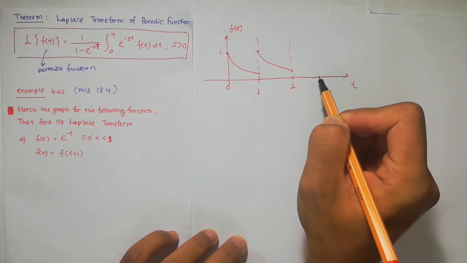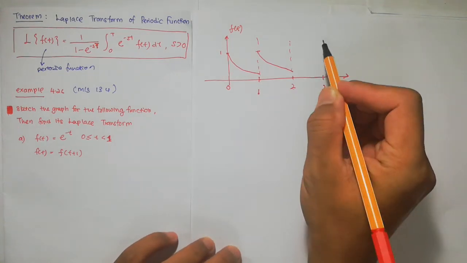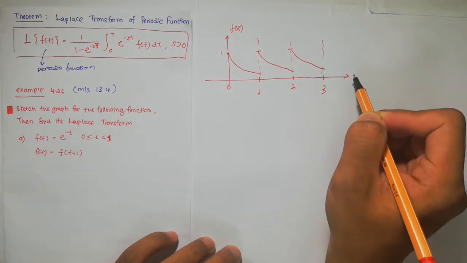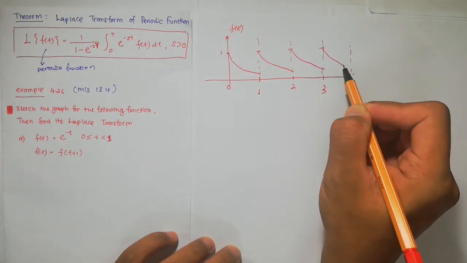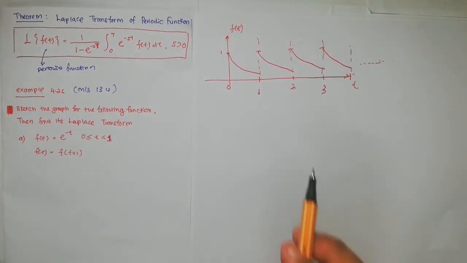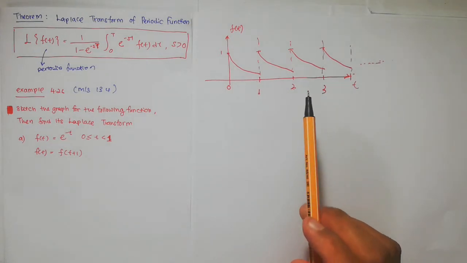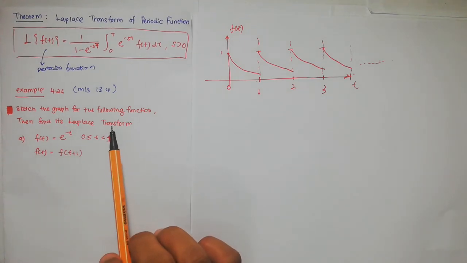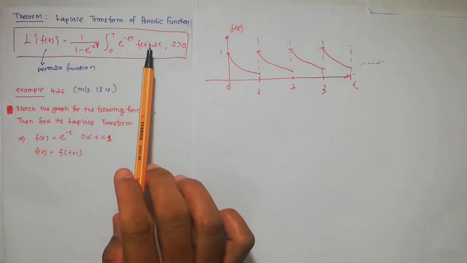The same goes for the next cycle, from 2 to 3, and for t equal to 4, it repeats the same pattern and goes on until infinity. So this is the graph for our function f(t). The next step is to find its Laplace transform, using the theorem for the Laplace transform of a periodic function.